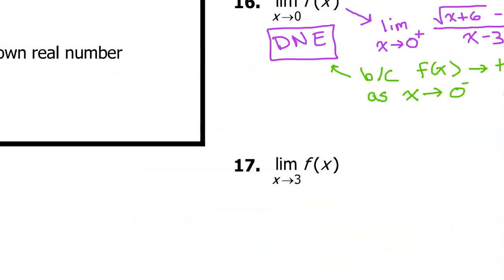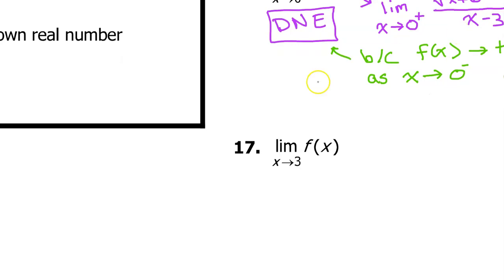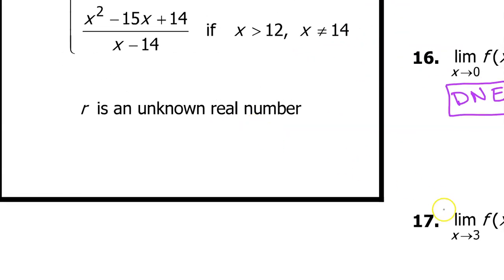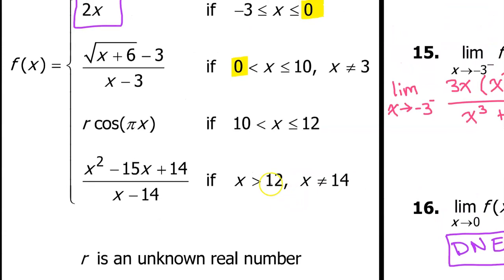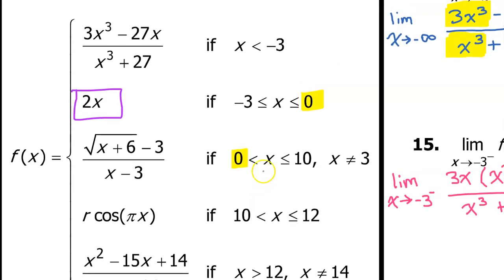For number 17, we need to find the limit as x approaches 3. Let's look back and see which piece of the piecewise function applies. So as x approaches 3, where does that land? Well, as x approaches 3, we're going to be in this interval right here.